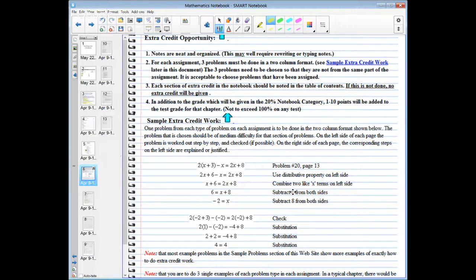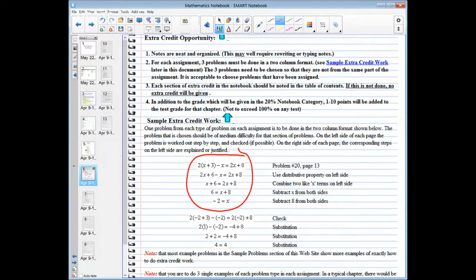So let's just look down to where my cursor is, and you'll see this is algebra again, but I had to do something to show you an example. Here's what I mean by 2-column format. On the left, on this side, step by step, you would actually do your math work.